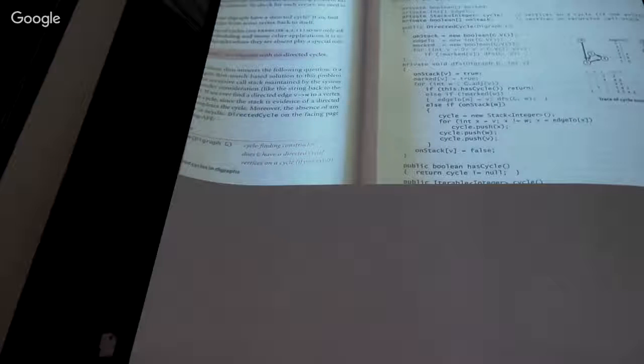A cycle. Immediately. So it's as easy as that. Finding the cycle simply means I mark my node as I do my depth first search, and the moment I find a link to a node that's already marked, I've found the cycle. Easy. Does that make sense?